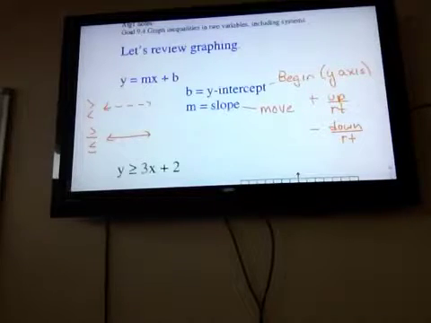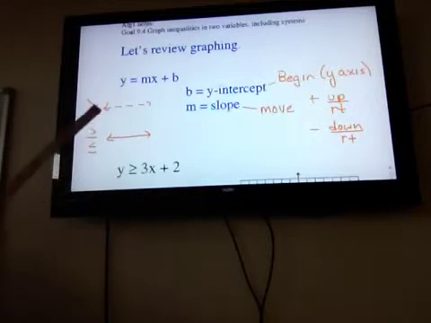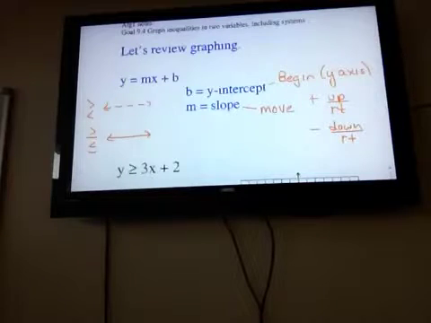So it's kind of like I said, the open and closed circles. So on linear equations, on our line graphs, we're going to either have a solid line or a dashed or dotted line. So that's how we'll distinguish the difference between the equal to part being there or not. Okay? The greater than, less than part, I'll have to show you when I get to the question.